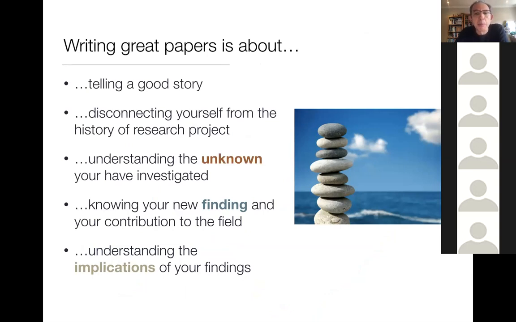So writing good papers is also about understanding the unknown that you have investigated, knowing the new finding and how it contributed to the field, and then understanding the implications of your findings. And I will spend a lot of time talking about these three aspects of writing a paper, which are really central to developing a paper and developing your story.